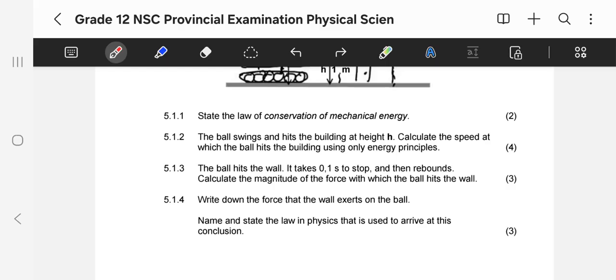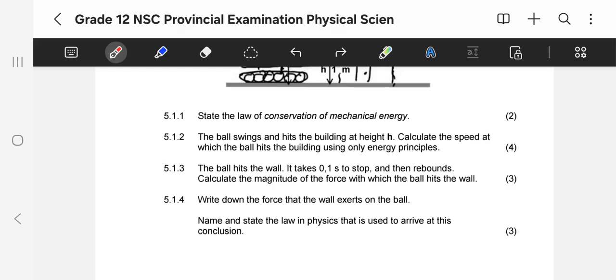All right. Now we move on to 5.1.2. 5.1.2 says the ball swings and hits the building at height h. Calculate the speed at which the ball hits the building using only energy principles. You'll realize that using energy principles comes from the topic of work, energy and power.